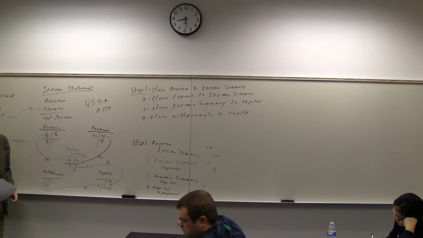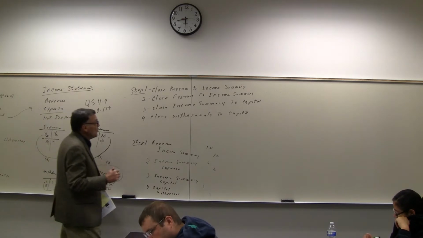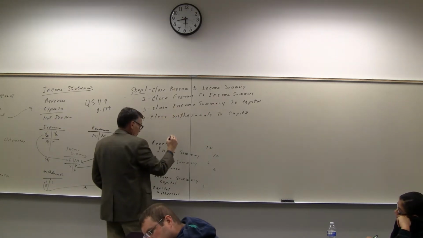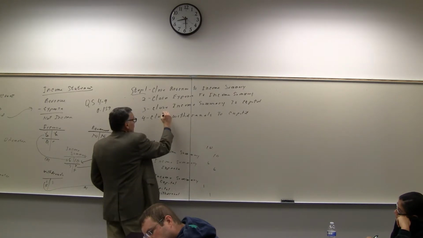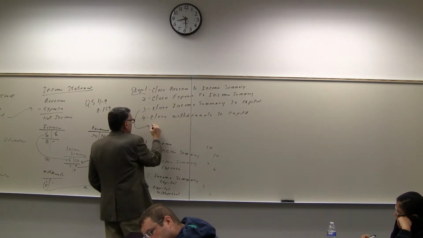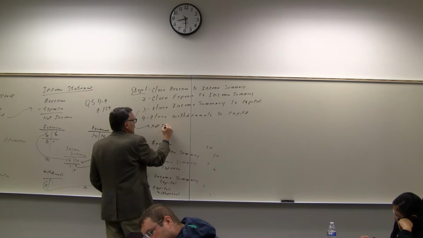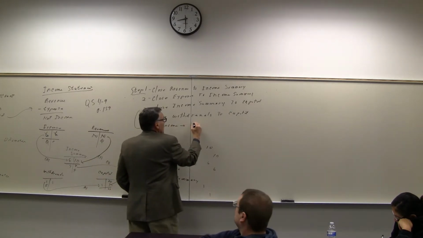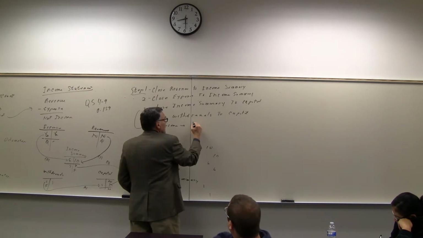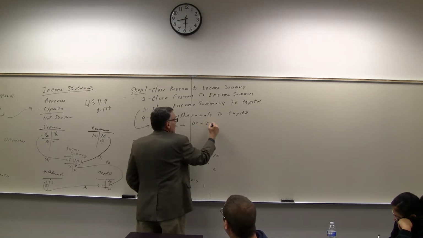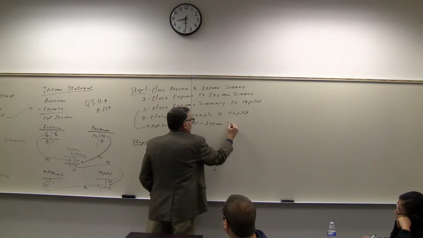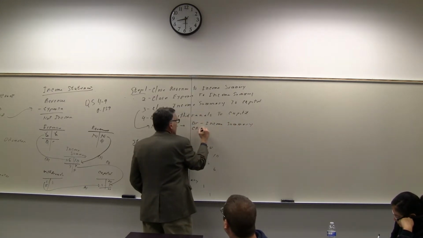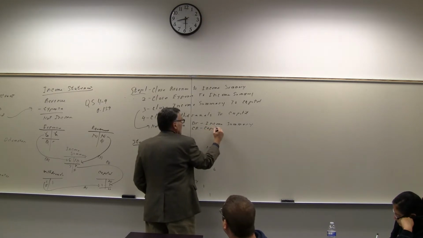Okay? Now the only thing that I might add in this before we do our practice is close income summary to capital. So if there's a net income, then what you'll do is you'll debit income summary and you'll credit the capital.